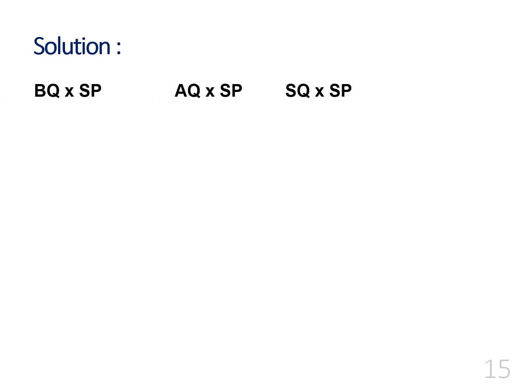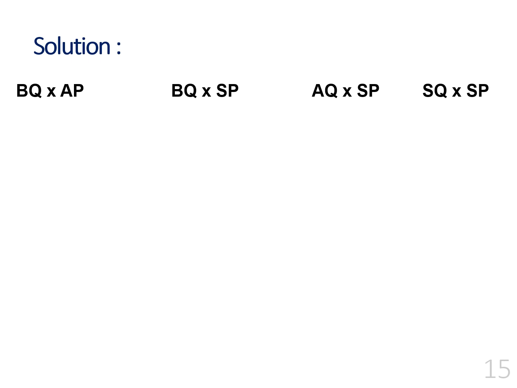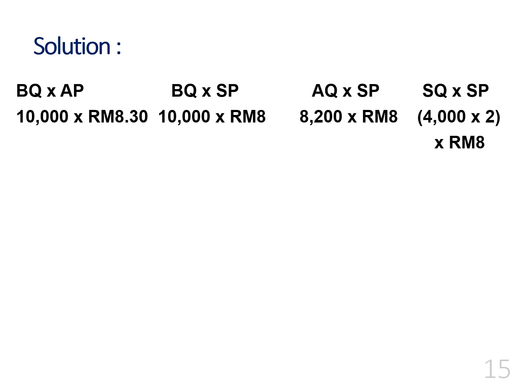Solution. Write down the formula first: BQ times AP, BQ times SP, AQ times SP, and SQ times SP. BQ times AP equals 10,000 times 8 ringgit and 30 cents.